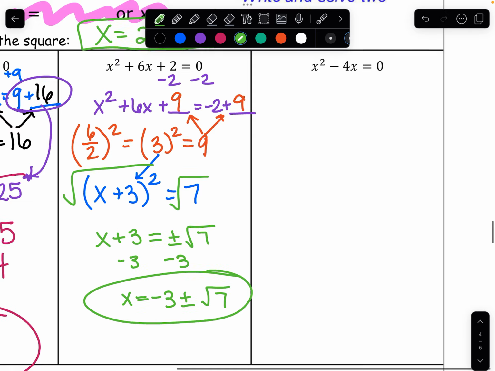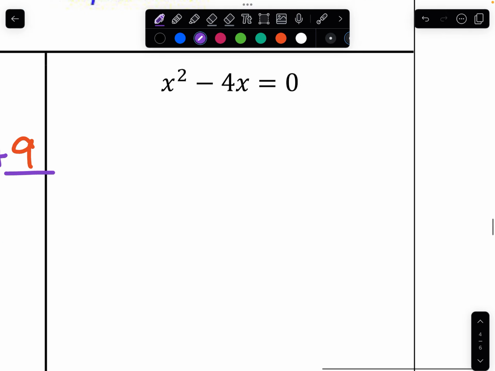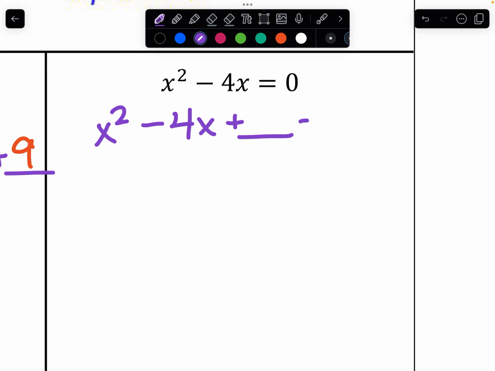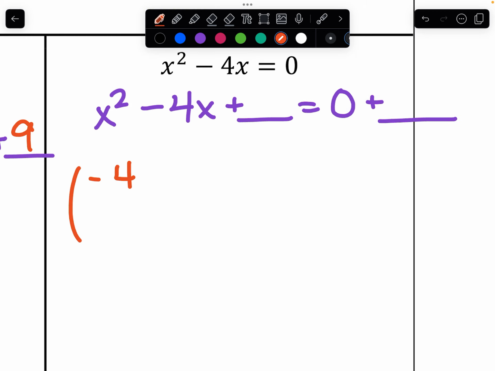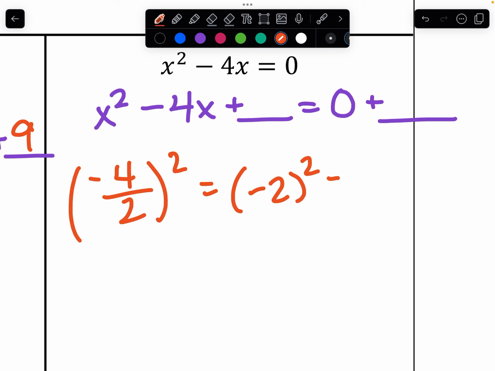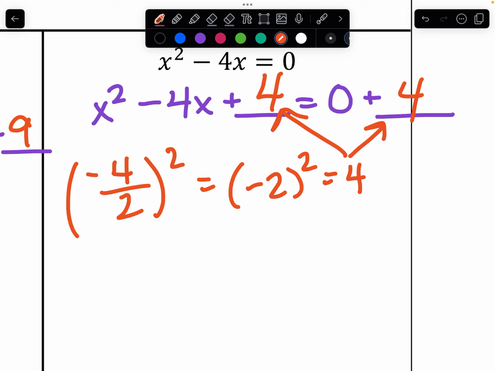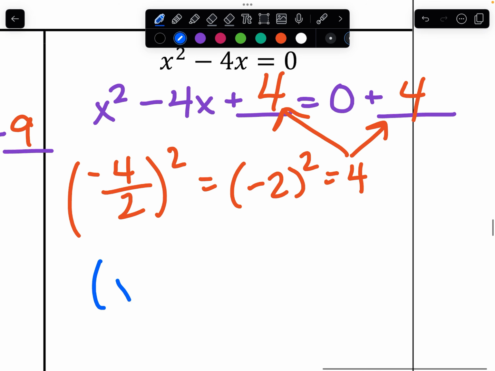And the last problem that we're going to do, there's no b term to move. So what we have to do, so that way we don't forget it, is add a blank to both sides. We're still going to do negative 4 divided by 2 squared, which is negative 2 squared, which is 4. So again, in both spots, giving us x minus 2 squared equals 4.